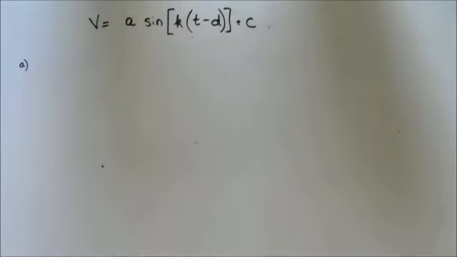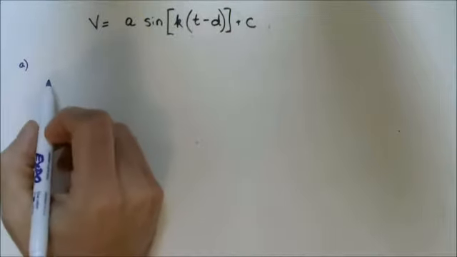Part A of example 1 asks, what is the period of a 60 hertz alternating current circuit? If we're looking at the period length, we're looking at K, the horizontal stretch or compression. We're looking at 60 complete cycles every second.